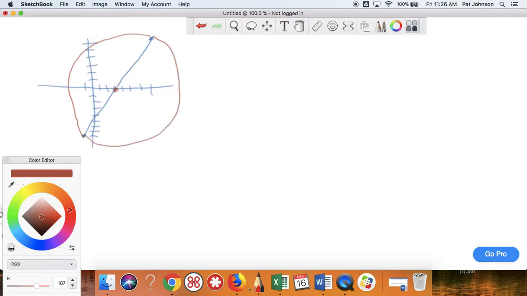So I know the center is not at the origin, so I'm going to use X minus H squared plus Y minus K squared equals R squared. So I need to find the distance between here and here, and then I need to find this midpoint, because I need an H comma K and an R in order to use my formula.